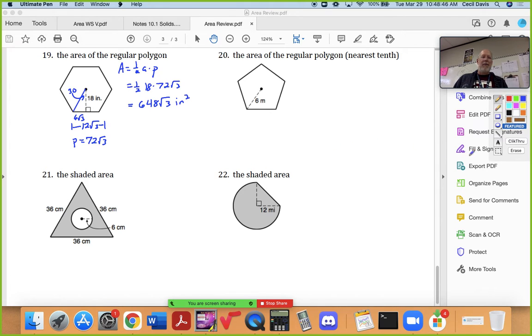Can you do number 20? Yes. So what's the central angle in a pentagon? That's the very first thing you should be doing. 30? Nope. 60? Nope. 90? Nope.